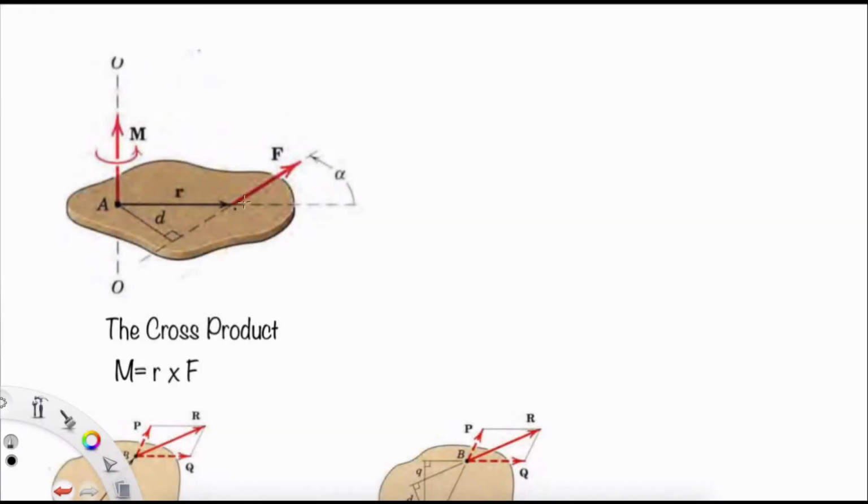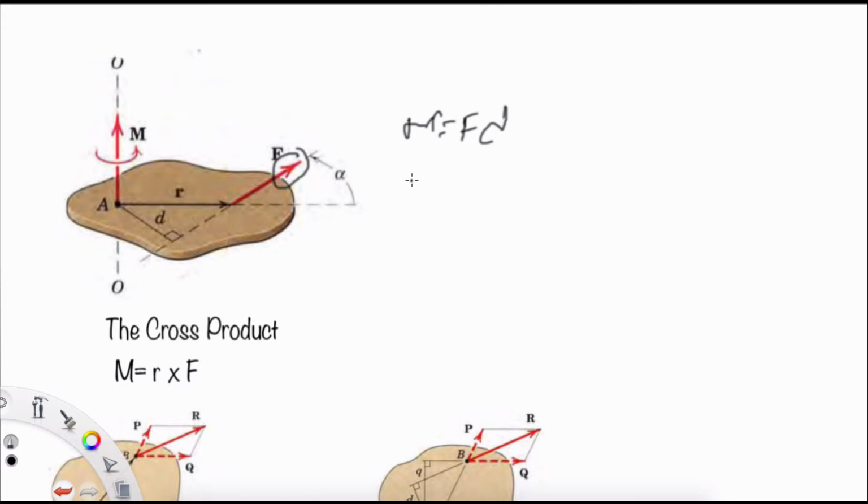In a two-dimensional drawing we can draw it like this. One is the wrench pipe, and then you have the force here, and the distance here, which is perpendicular. So the direction of M depends on the direction of F, since it tends to rotate the body, and M equals F d.